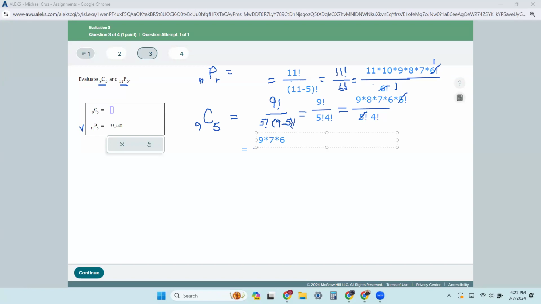Oops, I forgot the 8. And now at the denominator, we got 4 times 3 is 12 times 2 is 24 times 1.